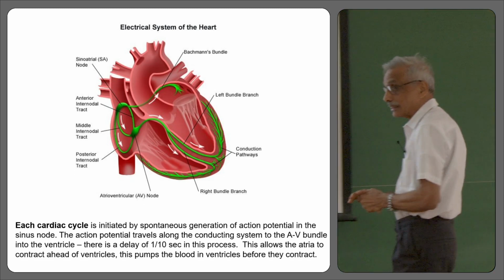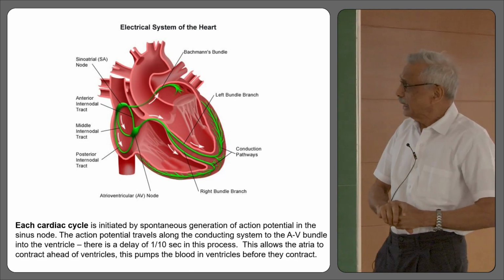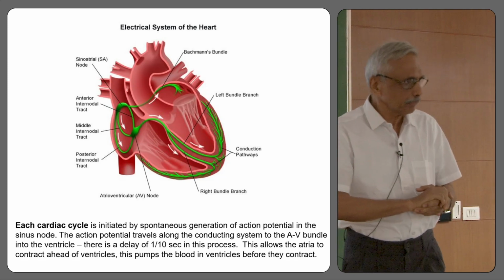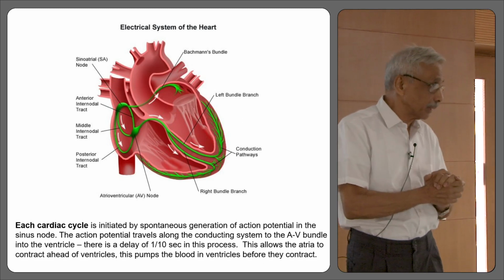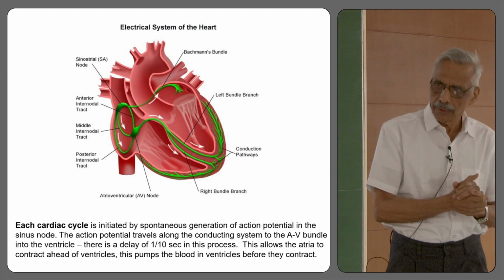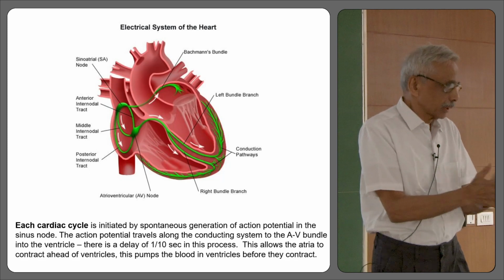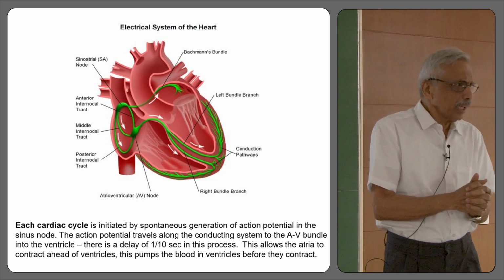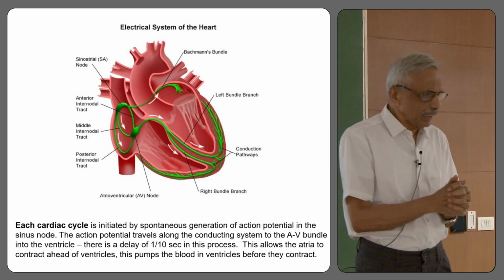Now, what is that system and where is that system is the next point that we will try to address. There is a system within the heart muscle. Now get this, we are talking of heart muscle. There is a certain part of the heart muscle, where the cells are cardiac muscle myocytes. When you try to study the actin-myosin filaments in them, you find that they are very few.